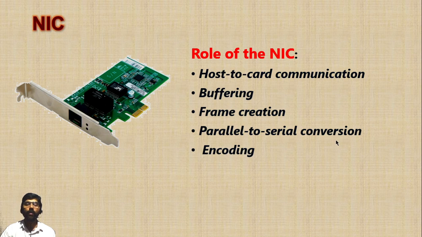The next one is called frame creation. Once the NIC has all the data that needs to be transmitted, it divides the data into frames. The frame actually has three parts: the header part, the data part, and the trailer part.